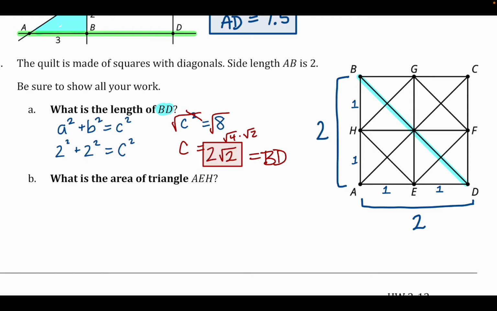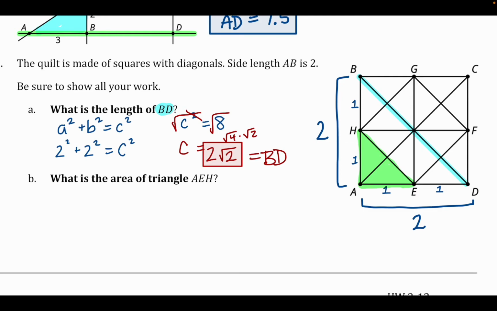Now part B wants to know what is the area of triangle AEH. So AEH is this triangle down here at the bottom. They want to know what area this takes up. And so the dimensions here are 1 by 1. We're going to use our triangle area formula.